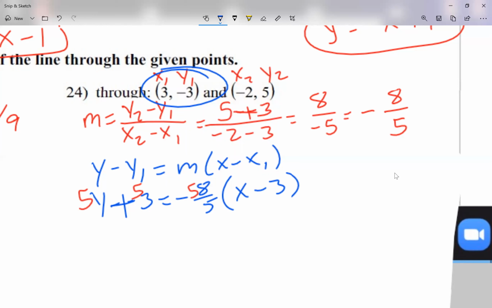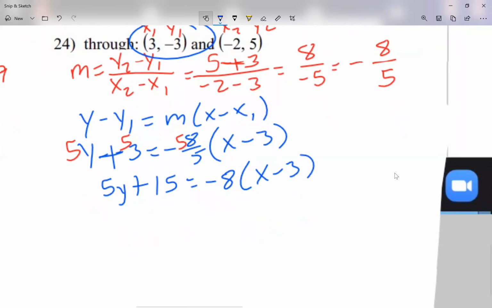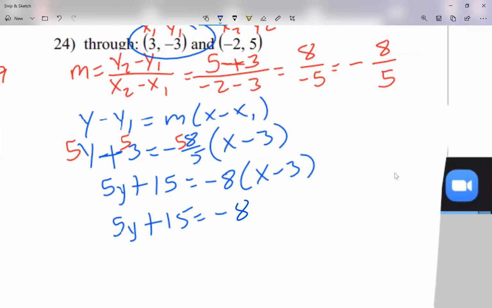So that gives me 5y plus 15 is equal to negative 8 times x minus 3. Let me distribute the negative 8 to get rid of parentheses. So I have 5y plus 15 is equal to negative 8x plus 24. So a couple of things.